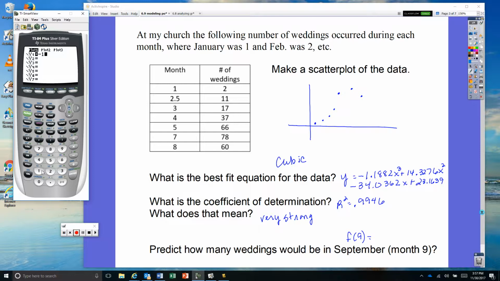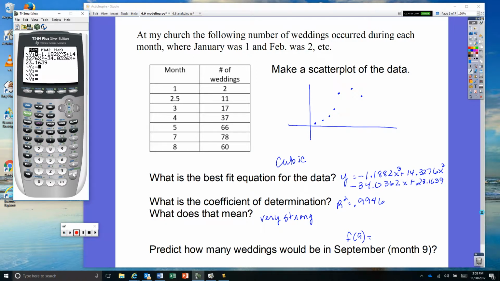Negative 1.1882x to the third plus 14.3276x squared minus 34.0326x plus 23.1639.